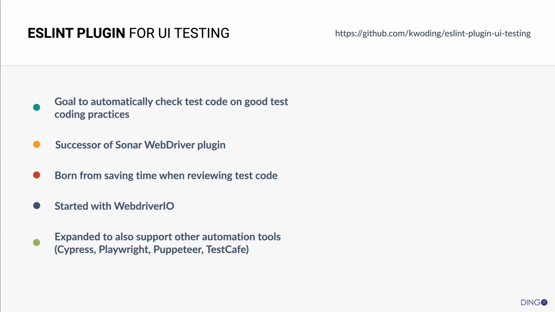So yeah, back then I was working with WebDriver.io, and I wanted a tool that automatically helps me detect bad practices and improve test code in a more scalable way. But originally, when I started with the Sonar WebDriver plugin, it was born from saving time.